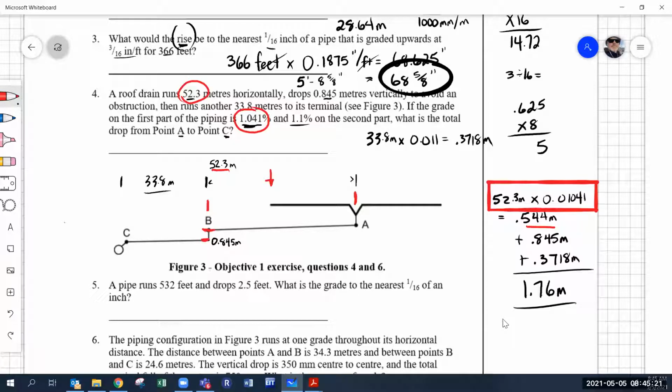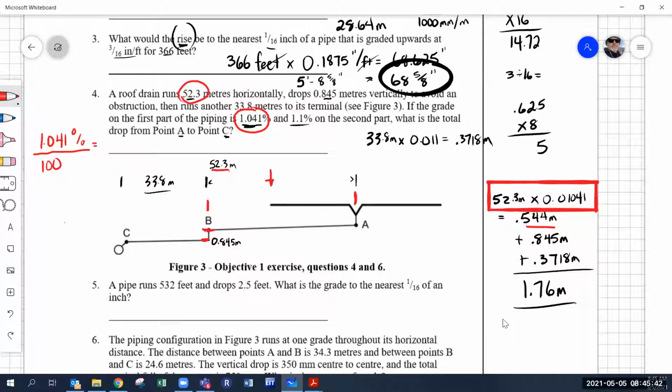How did you get the 0.01041 measurement? Okay, that's a percentage, right? Before I multiply by a percentage, I must divide by 100 to get it as a decimal.